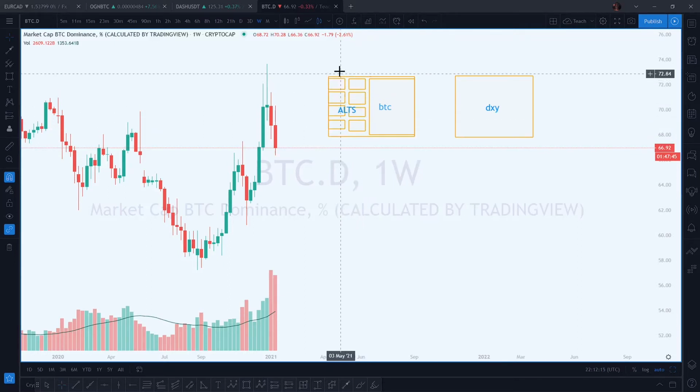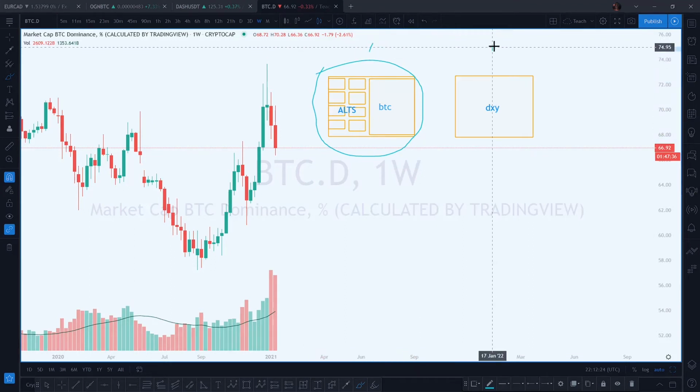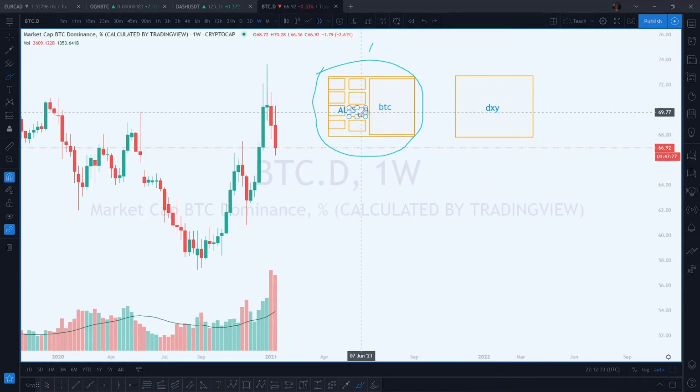So this is now the entire crypto market. As we have the entire crypto market as one against the USD, we also have some internal decisions. And this internal decision is dominance. When Bitcoin is bigger, above 50% in dominance, that means Bitcoin is taking all the decisions that need to be taken in the crypto market alone.